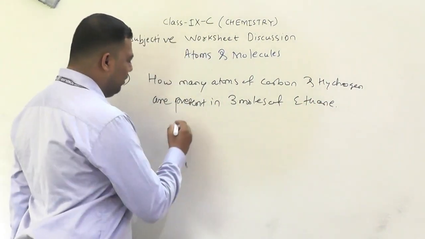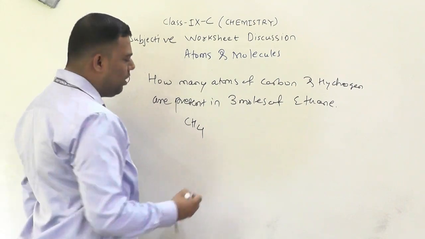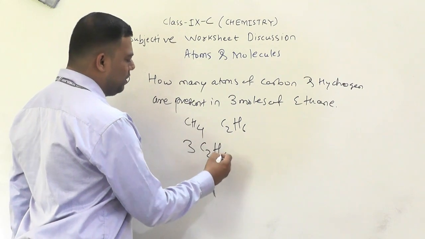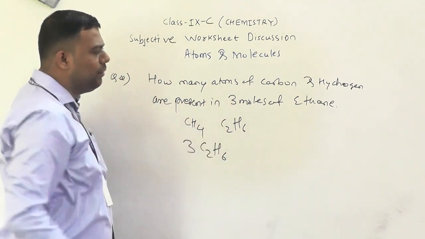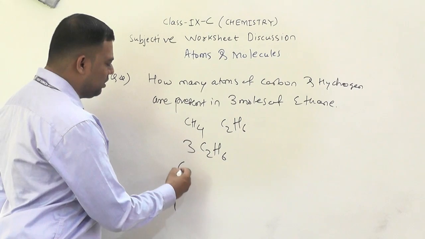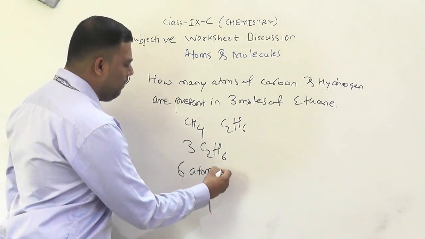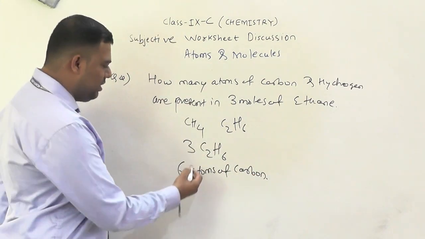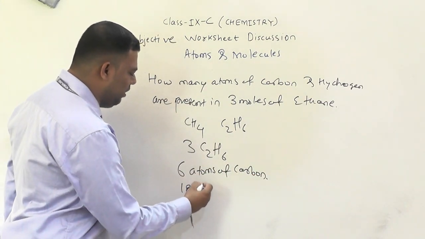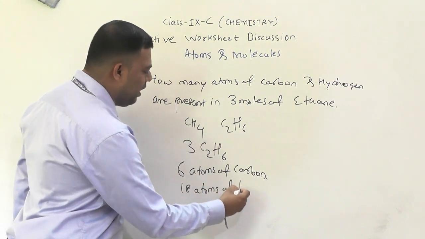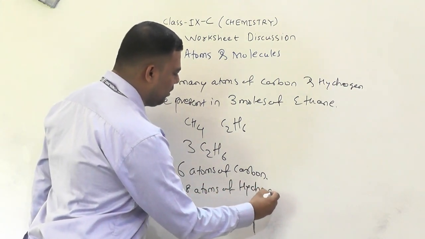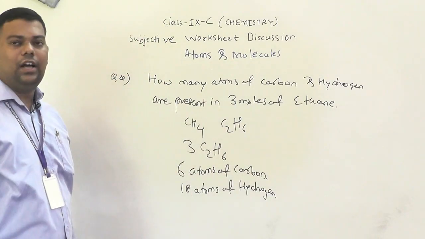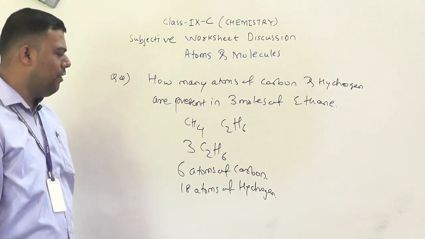You must know methane is CH4 and ethane is C2H6. So 3 moles means 3 C2H6. How many atoms of carbon? 3 into 2, which is 6 atoms of carbon. And hydrogen: 3 into 6 is 18 atoms of hydrogen. So you got the answer: 6 atoms of carbon and 18 atoms of hydrogen.